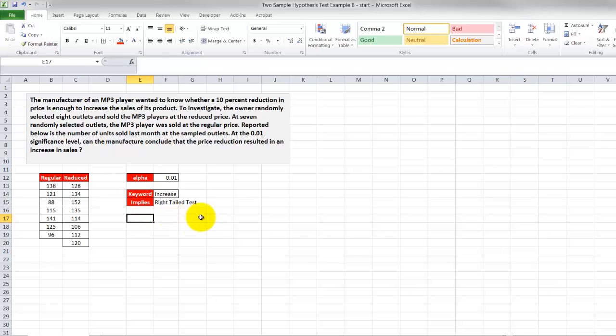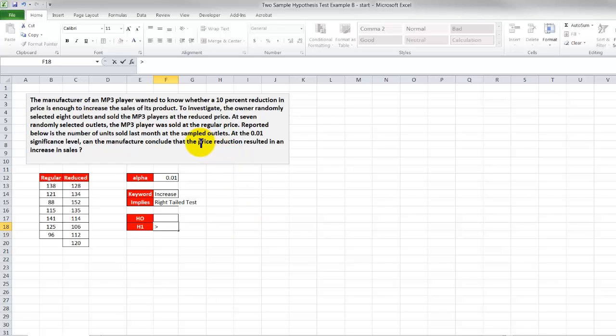We already have alpha, so let's write the null statement and the alternative statement. Again, I always prefer writing the alternative first. We know that it's going to be a right tail, so we're comparing a sample that is greater than another sample. Well, which one is which? Which one should go on the left and which on the right?